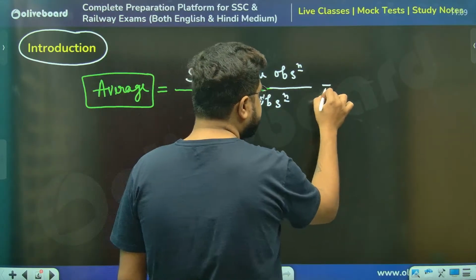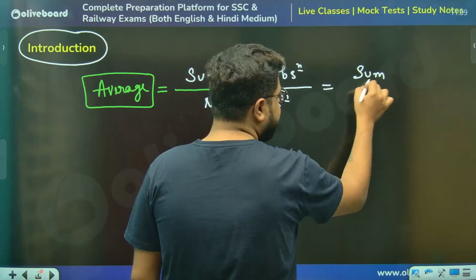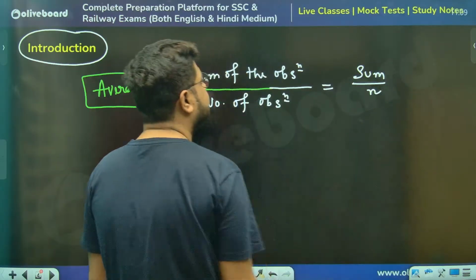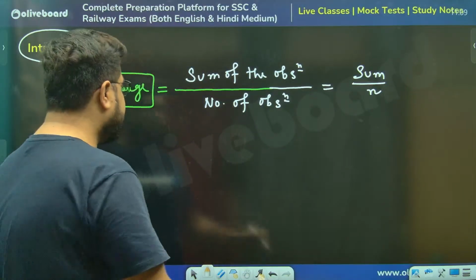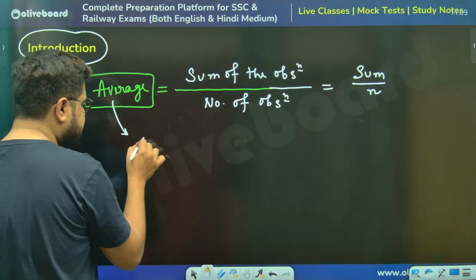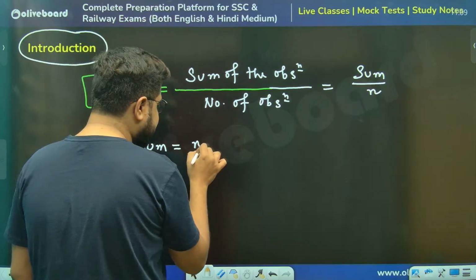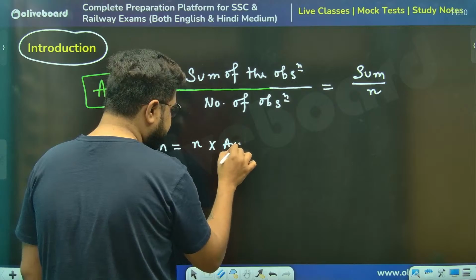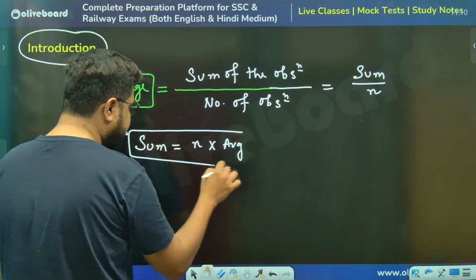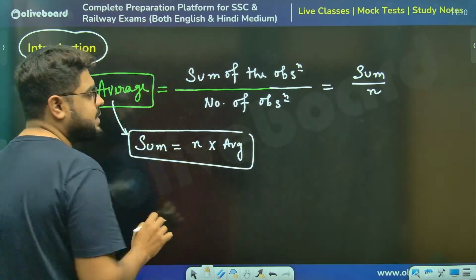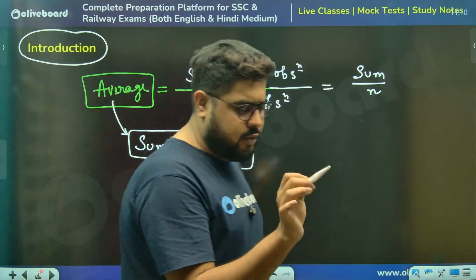In shorter terms, sum divided by the number of observations, which we call small n. And from there, as we have read in school, this is n times average. We have just multiplied this n to this side. That's all we have done, right?